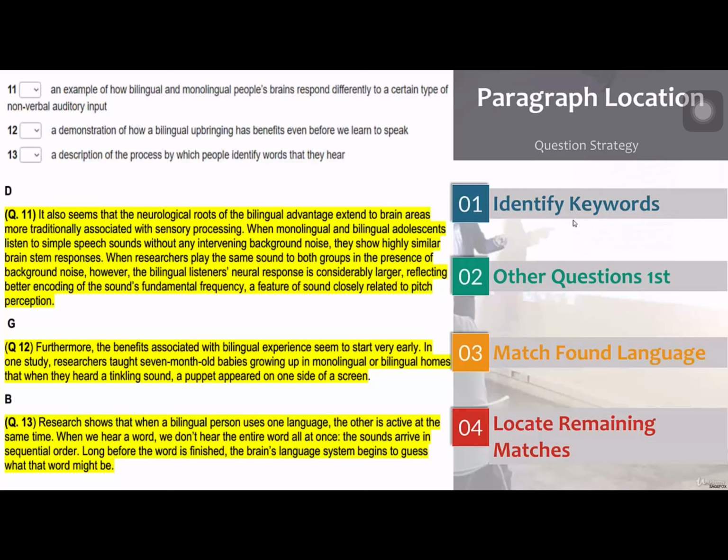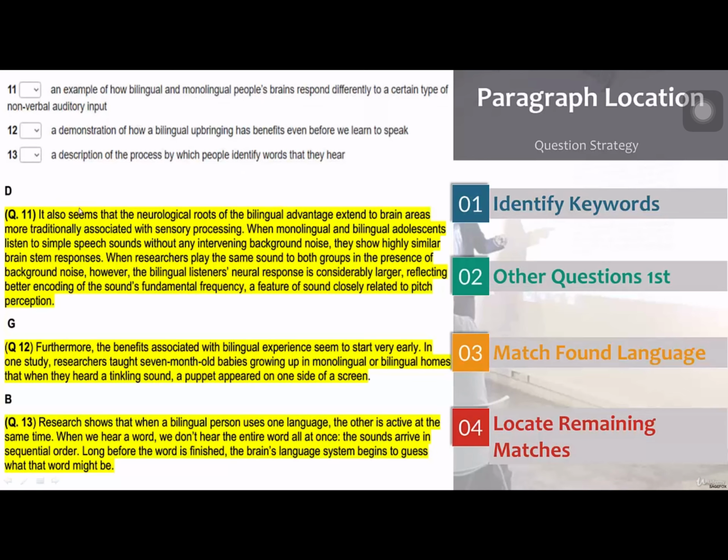Because look, this is one where it comes in the middle. Because number 11, now I can guess from this paragraph that we're talking about bilingual and monolingual. I can get that from the paragraph. But what might mess with some people is, where does it talk about they're different?